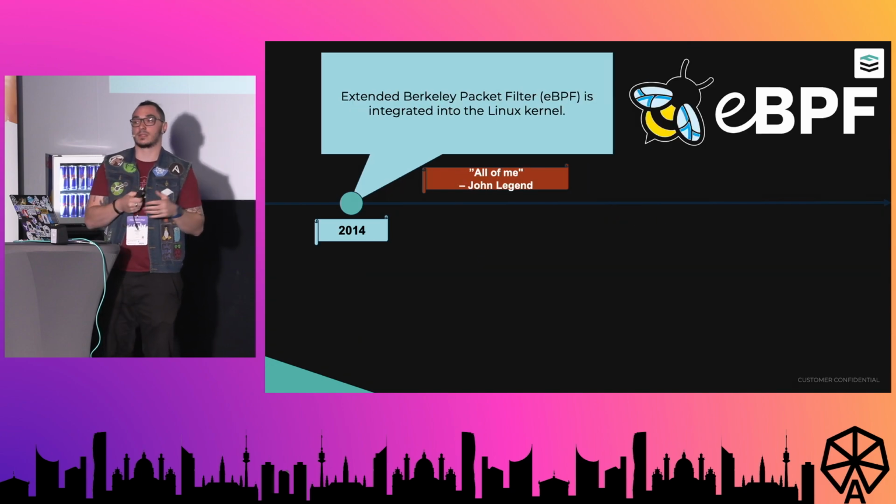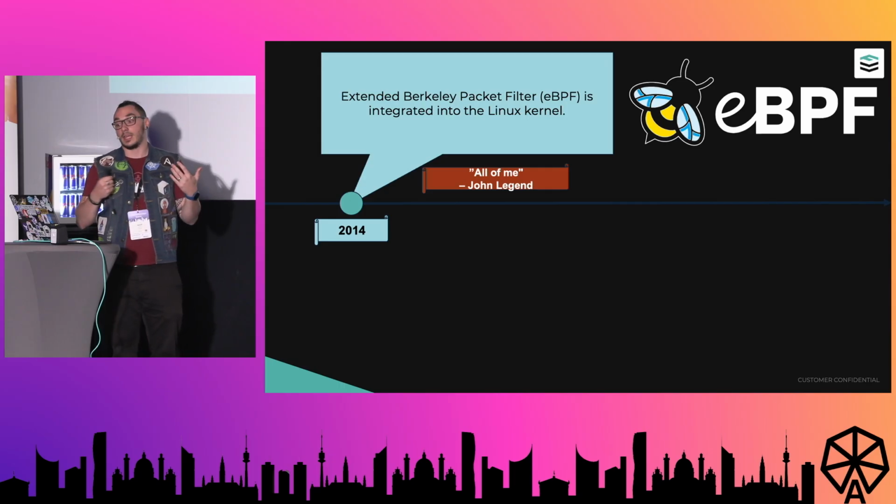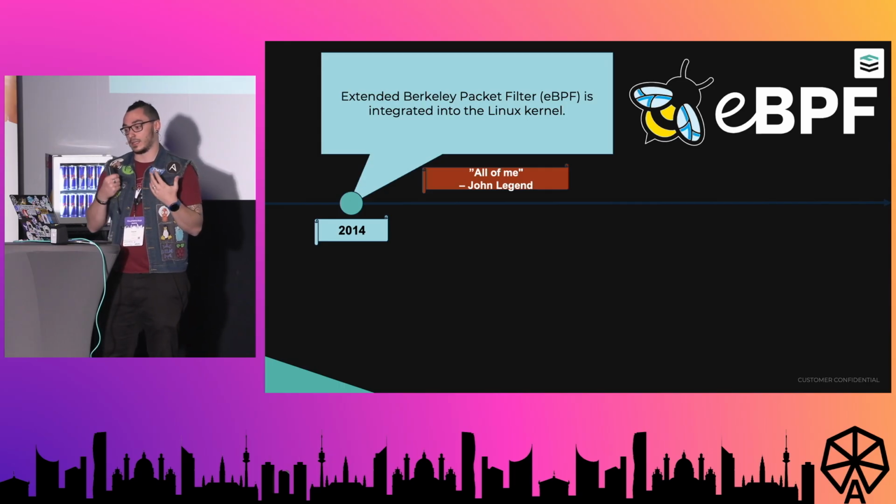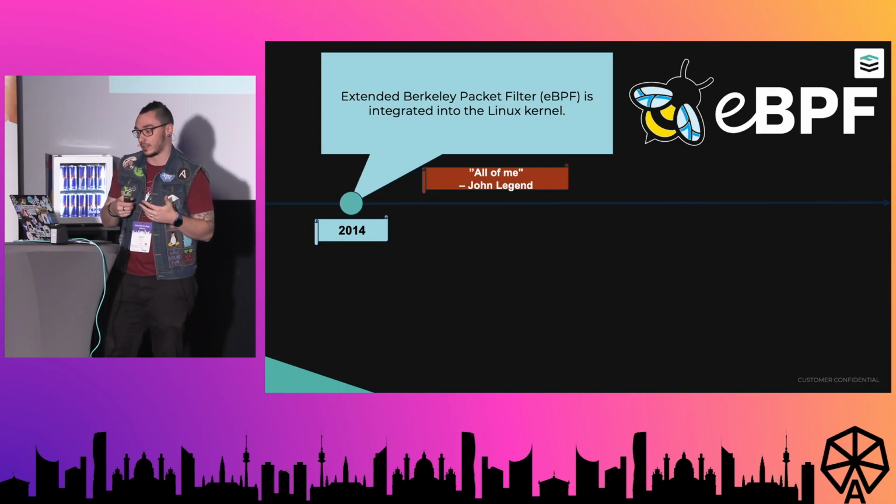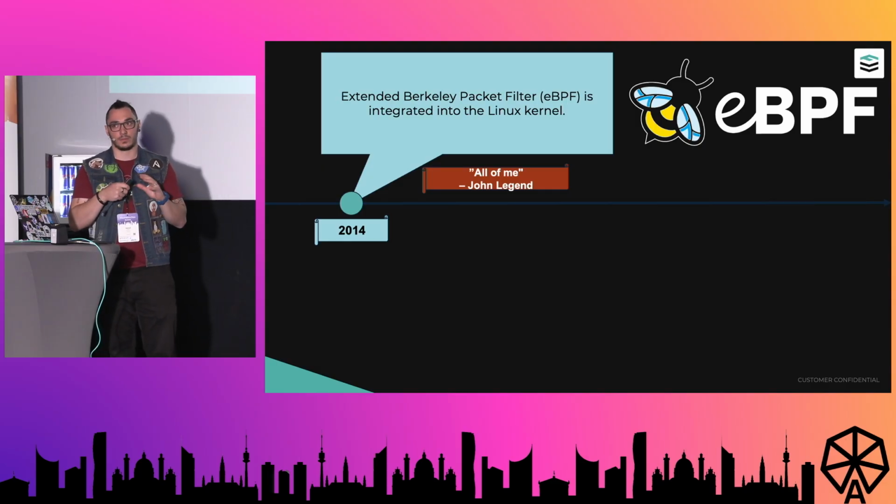Same year, we already had some talks about that today as well. eBPF was integrated into the Linux kernel, the extended Berkeley packet filter, which actually has nothing to do with the Berkeley packet filter at all, except the notation.